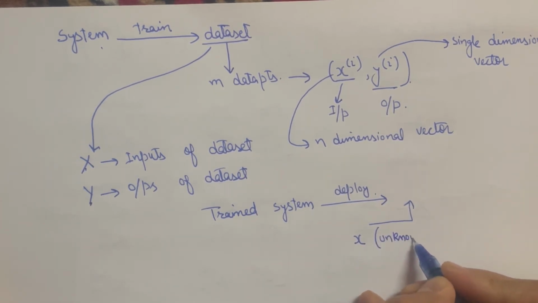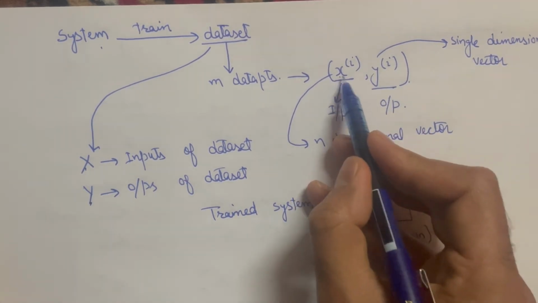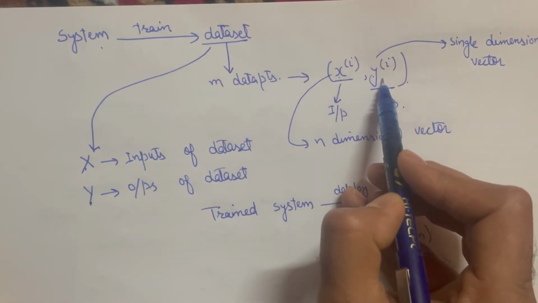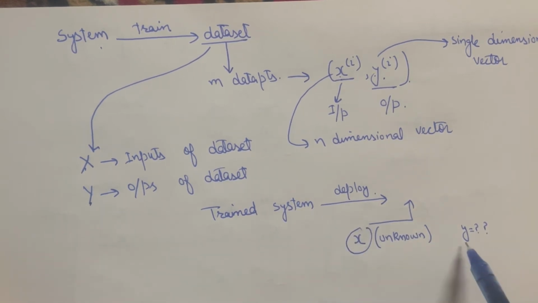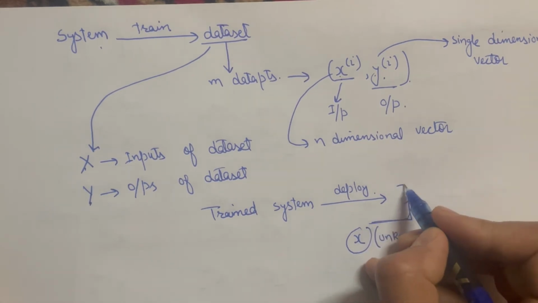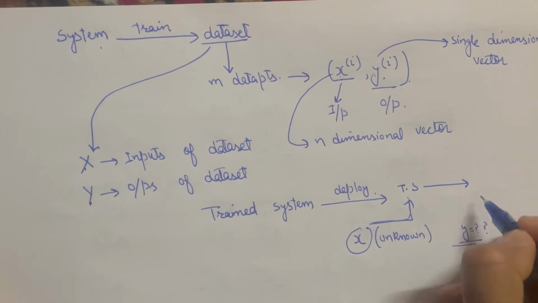Unknown means that I don't know the output y. Okay, so here in the data points of the data set, we know both the input as well as output. However, if now there comes some input whose output is not known, we give this input to the trained system, and this trained system gives us a predicted output.